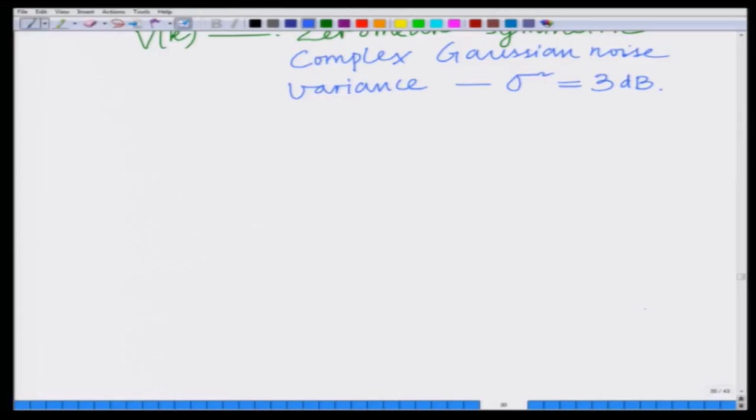All right. And also now let the transmitted pilot symbols be given as, remember we have pilot symbols being transmitted for channel estimation.